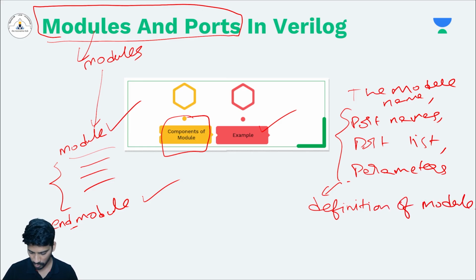Okay. Once you define the module, then you will write the port list and port declarations that are present inside the module. After that, you have 5 different components that are present inside the module definition. Let's see what those are.